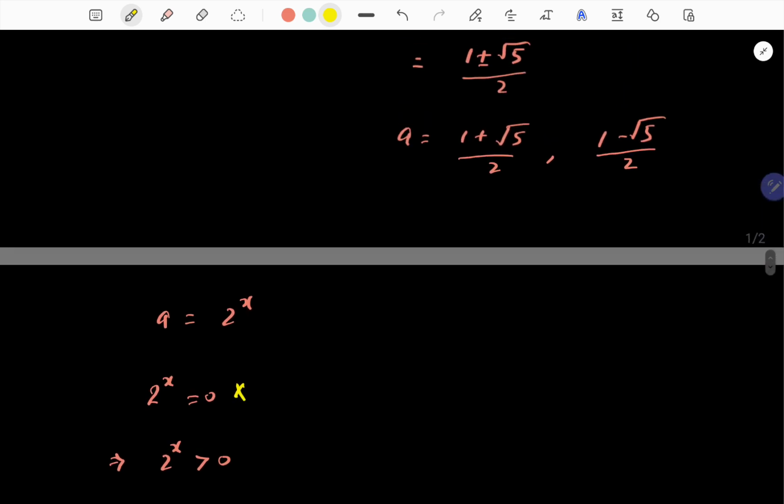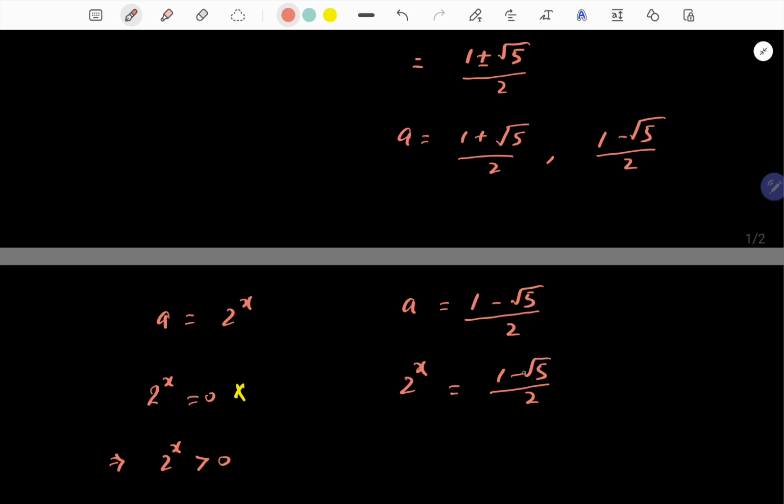Now we move towards the other value, when a is equal to (1 - square root of 5)/2. So a = 2^x = (1 - square root of 5)/2. If you solve the numerator, we can see that square root of 5 is more than 1, so the numerator will be negative.